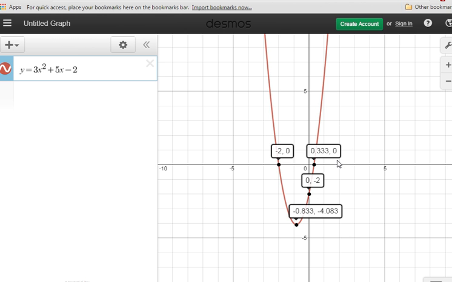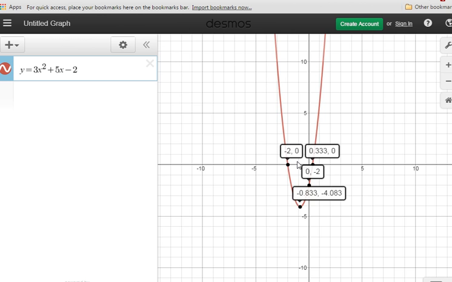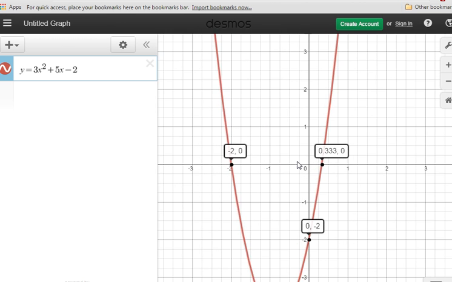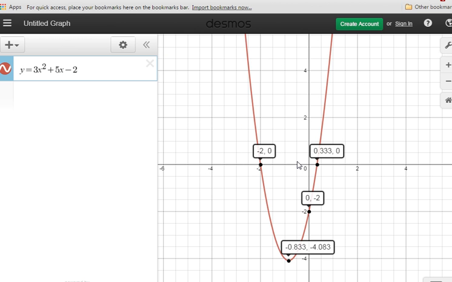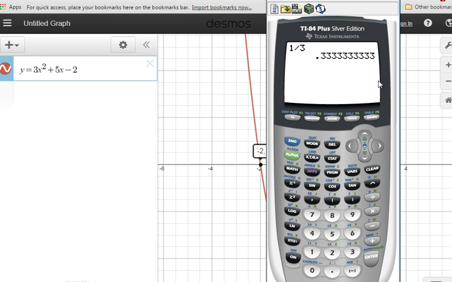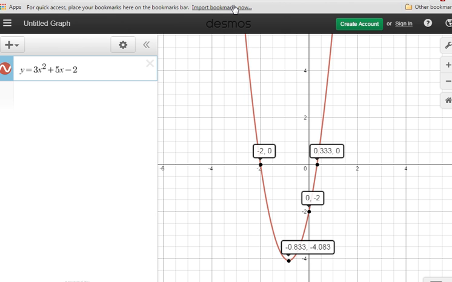But using Desmos is just so much faster. And also, like I said, I can scroll in and scroll out and change the zoom, whereas changing the window on this can be much more cumbersome, much more work. So this is a really nice thing. And again, there is an app for your mobile device as well.